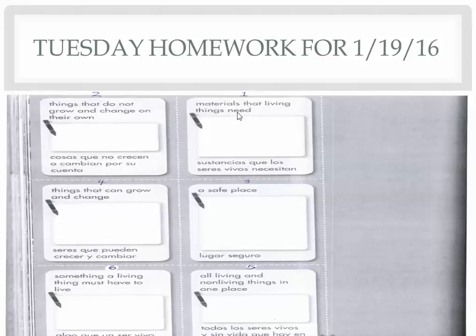So this is the definition that goes with the word nutrients, or the vocabulary smart card nutrients. So you are going to try to find each of the definitions for each of the vocabulary smart cards that are listed in the previous page. And that would be Tuesday's homework.